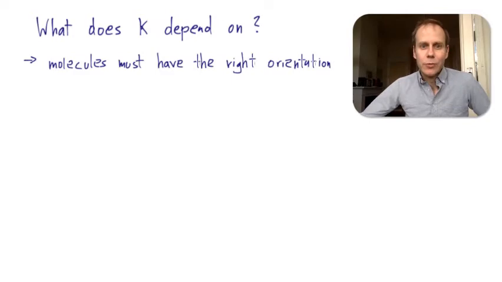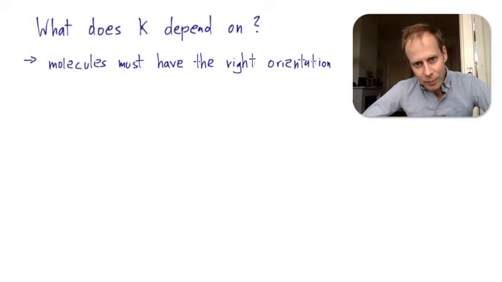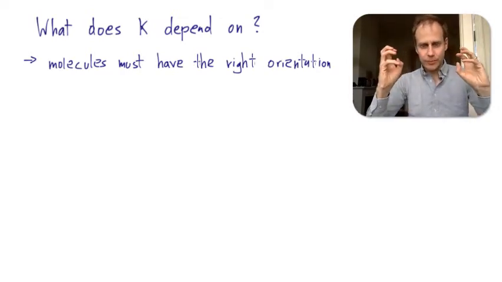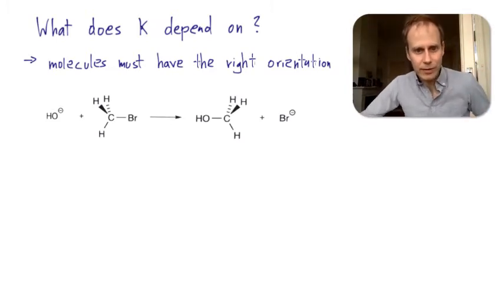So one important influence on k is the orientation of the molecules during a collision, right? So for instance, let me make it clear. Here we have again this nucleophilic substitution where the hydroxide attacks this bromomethane.